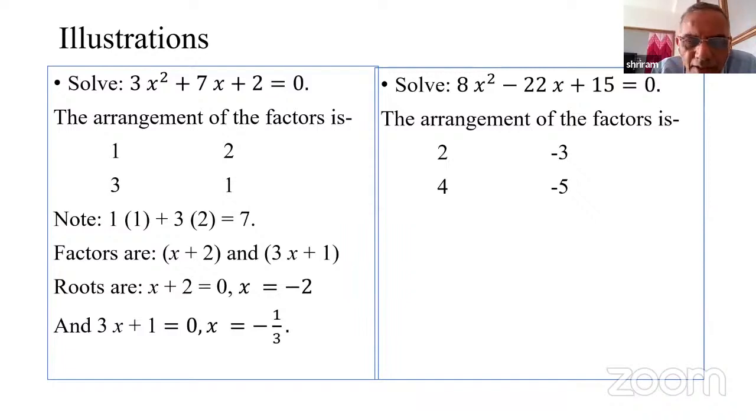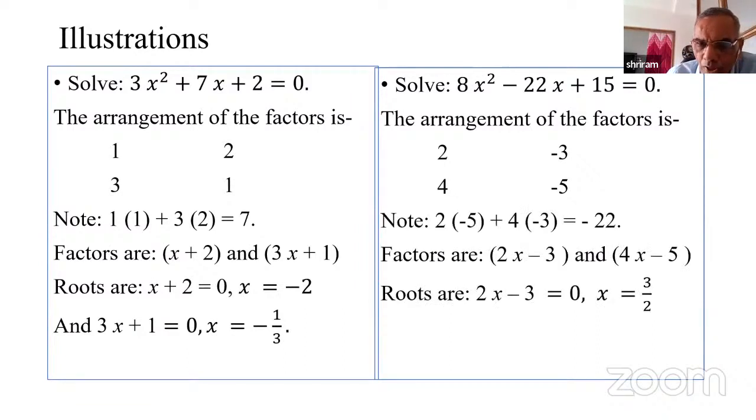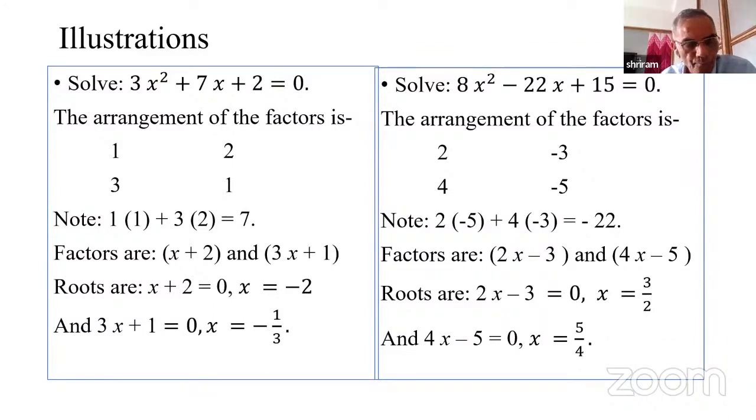You can write the factors and roots. I'm very sure you're getting the answers which you're observing on the screen. 3 by 2 and 5 by 4 as a root.